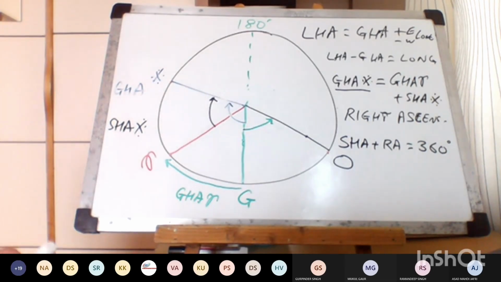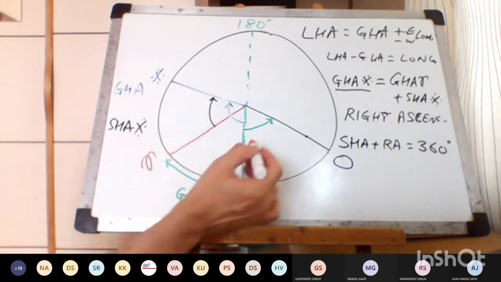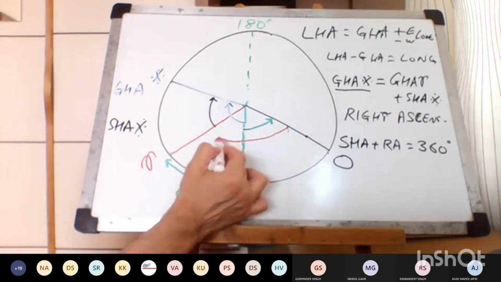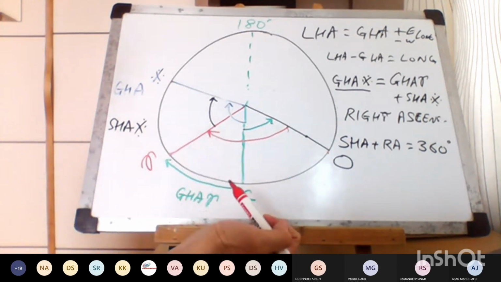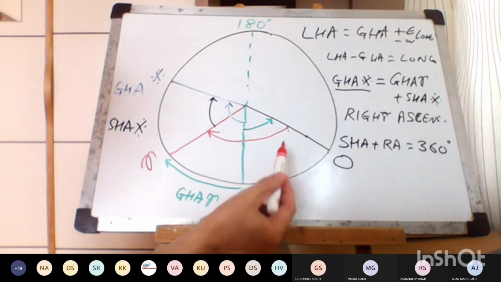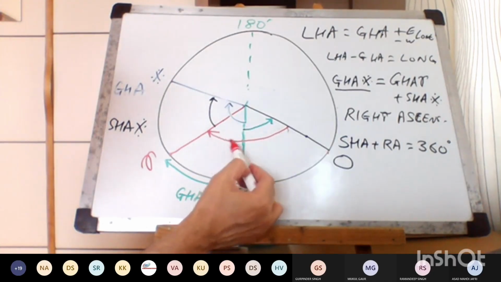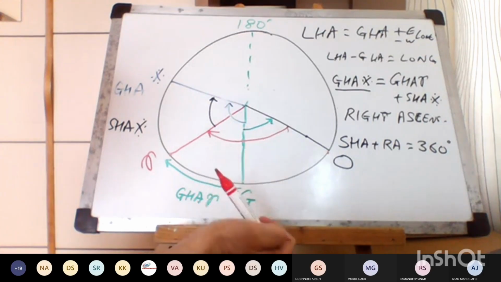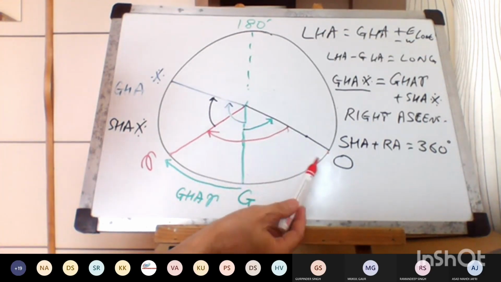What will I call this angle, the red one? LHA Iris.